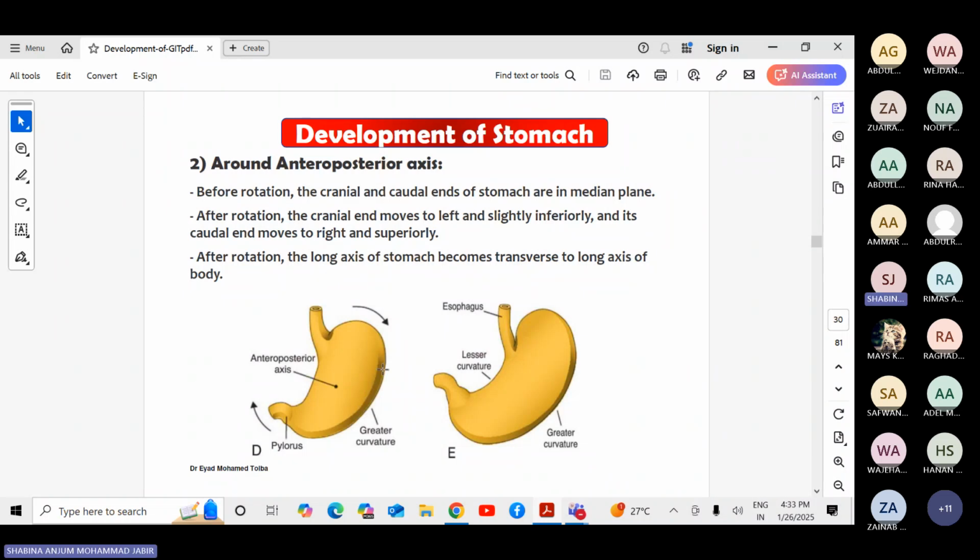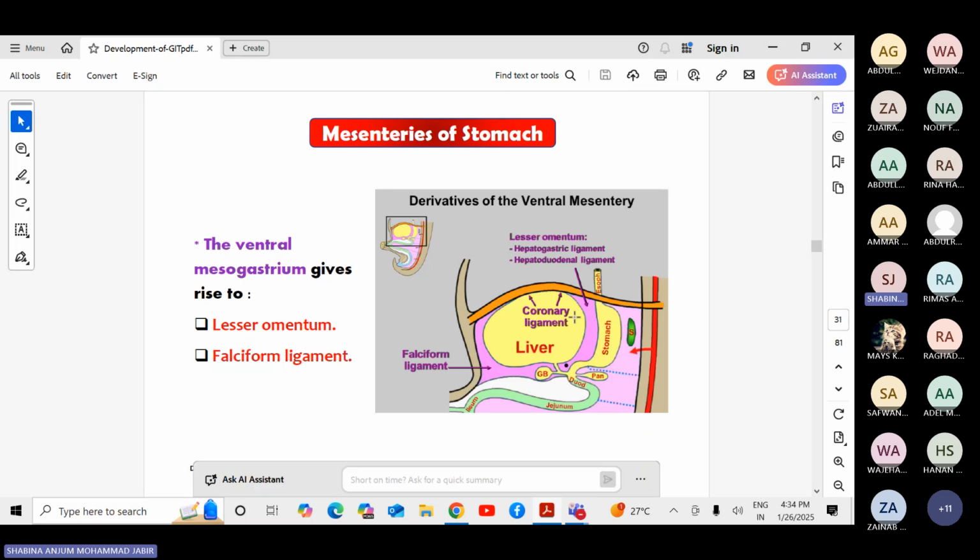At this stage, you will find that the long axis of the stomach is now transverse. And why is this happening? This is happening because of the growth of other organs like the liver, and behind we have the spleen and kidneys.